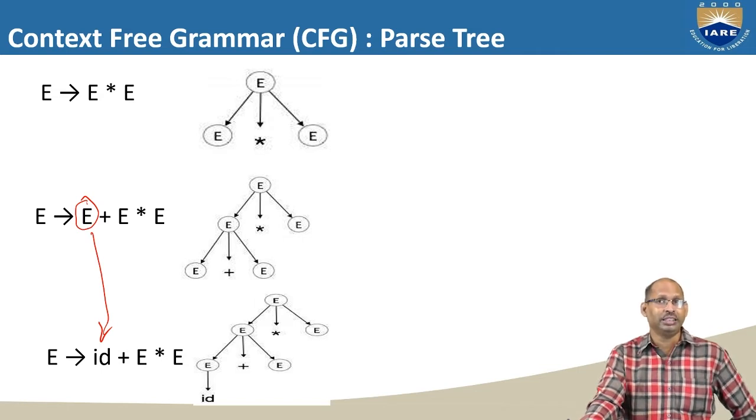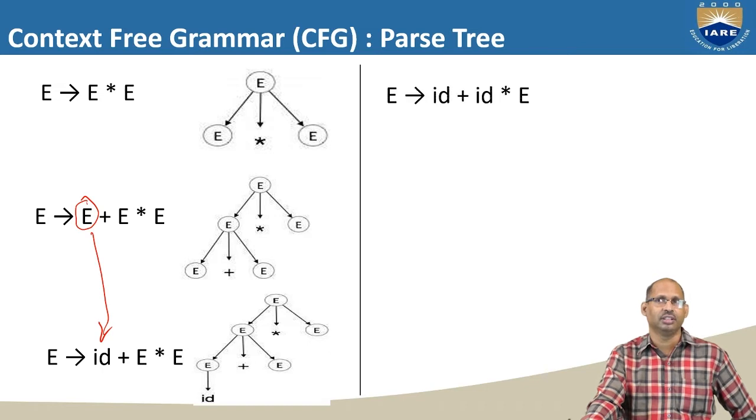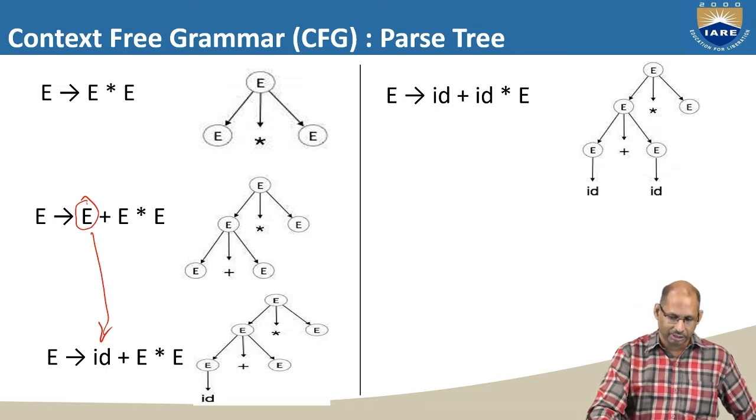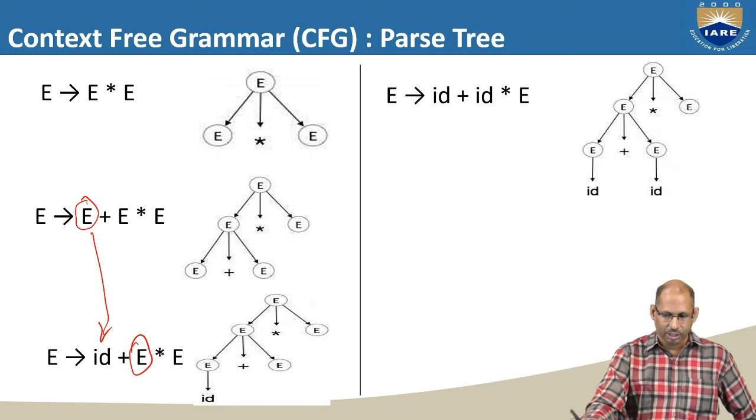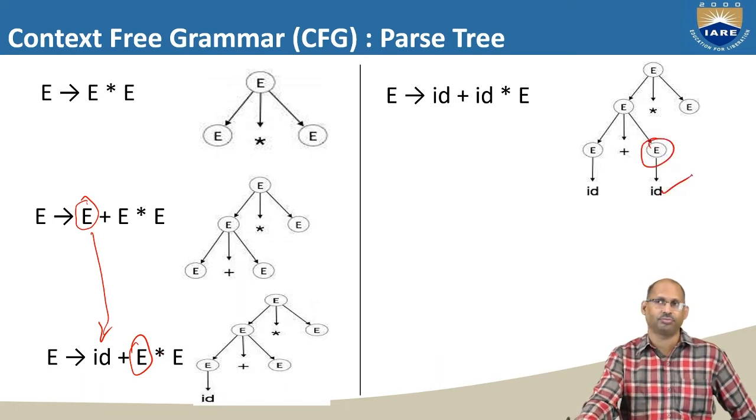So we are representing the derivation of the input string in the parse tree structure. Right? Then ID plus ID into E. Here, this is a left hand variable, and the left hand variable is replaced with a terminal. Right?